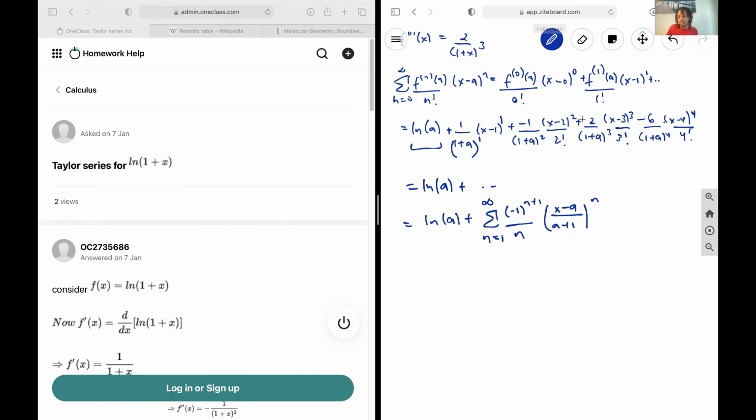The 2 will cancel out with this one in the numerator. 4 factorial is going to be 4 by 3 by 2. The 3 by 2 is going to cancel out with this 6, and so on and so forth. So it'll cancel out the fact that it's factorial because of these coefficients that we have here. And so this is going to be your final answer for ln of x.